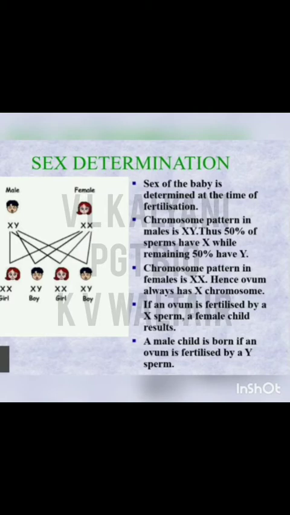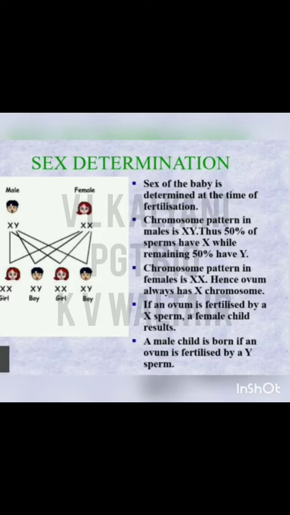So here we can understand one point, children. The sex of the child is determined only by the father, not by the mother. How did you understand this? Because the mother forms only homogametic, similar type of gametes, since she has only X chromosomes.